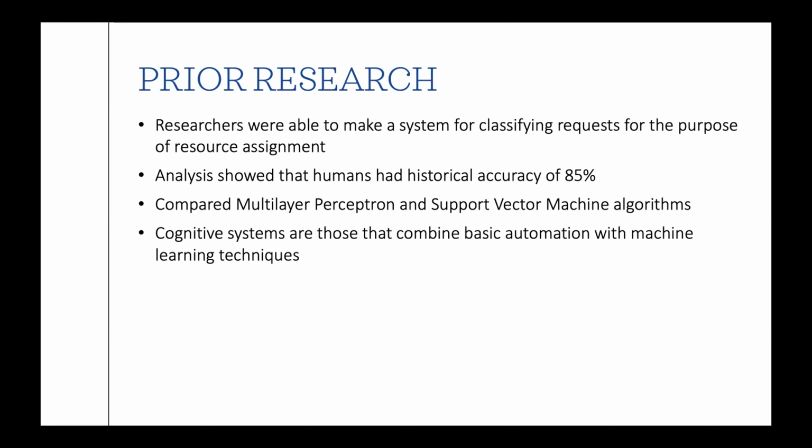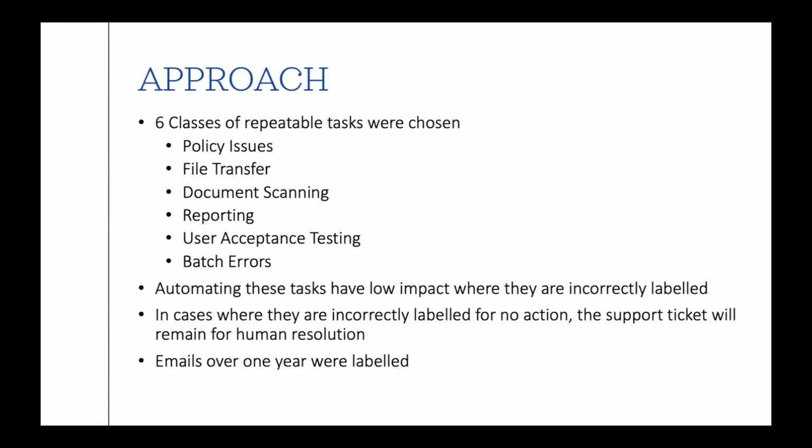To take it one step further, I wanted to actually be able to respond to these requests, and that is where the cognitive system came in, because that is when you combine basic automation with some machine learning techniques, or cognitive automation. When you bring those two together is when you get a cognitive system.